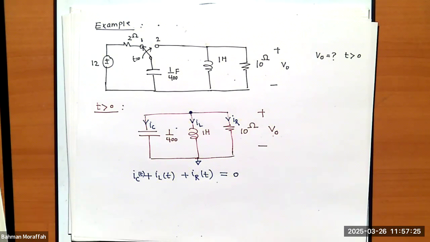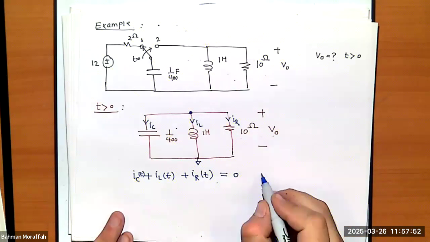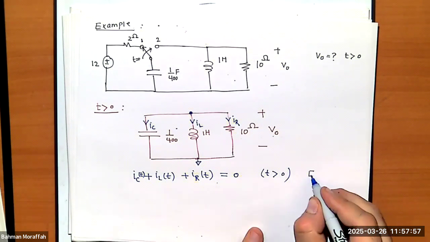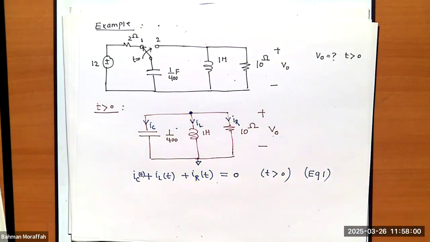And this equation holds true for any time that is greater than 0. So if I give you any time greater than 0, you can plug it in here, and this equation should be satisfied. This is by far the most important equation that you get when you're solving such a circuit. Since it's a very important equation for us, I'm going to call it equation 1.